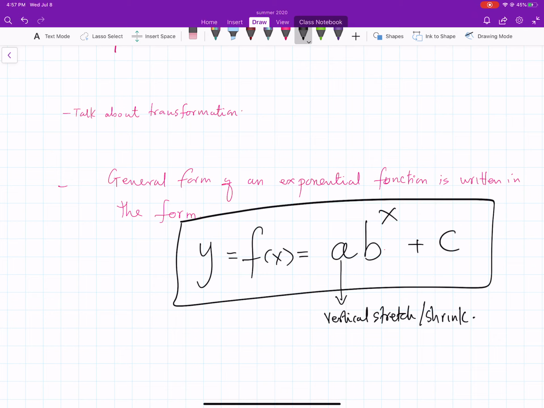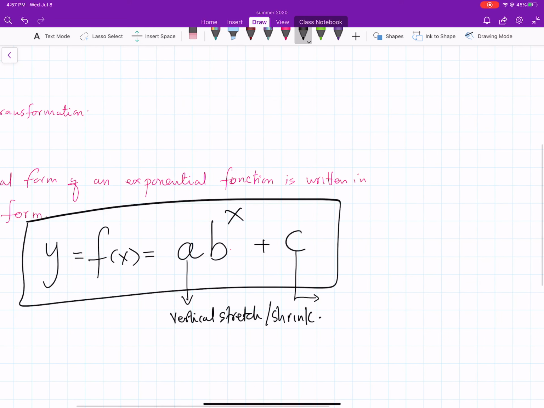You also have in here your vertical shift, so it could either be plus c or minus c. You also have your base, and the base could either be greater than 1 or between 0 and 1. The only thing left is the horizontal shift, which will appear with the x.